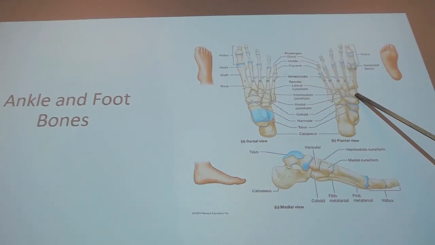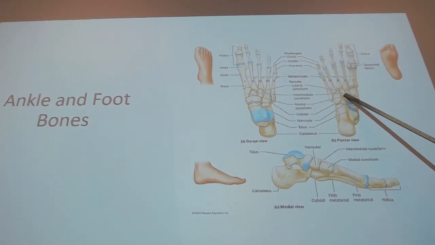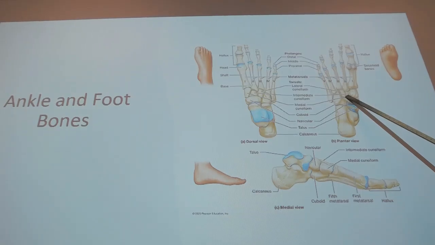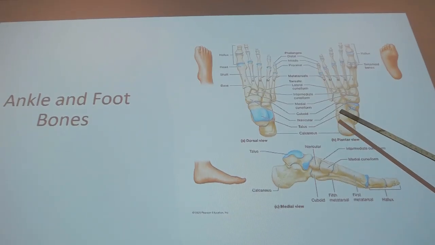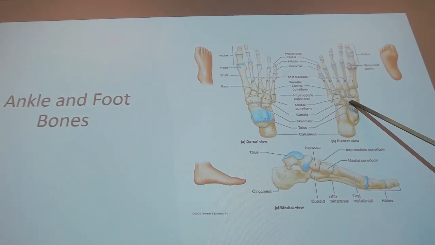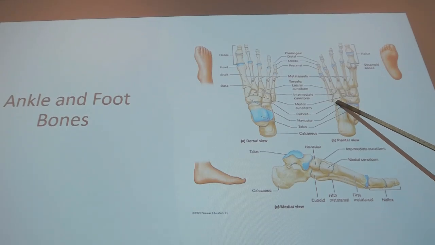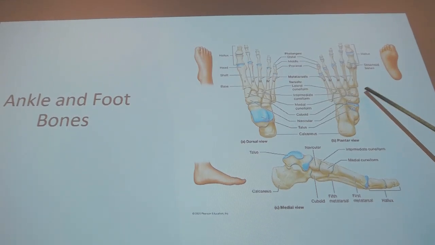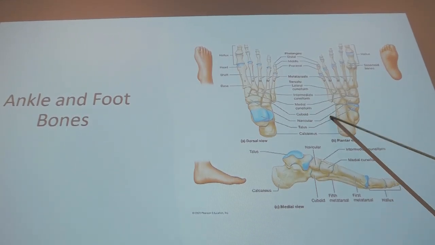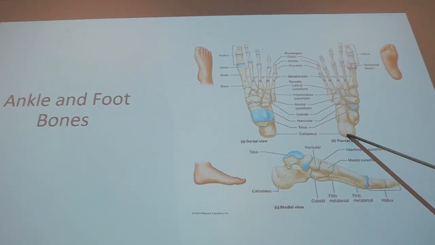And here you have the cuboid, the intermediate cuneiform, lateral cuneiform, and then here you have the navicular, here's the cuboid, this is the medial cuneiform, and this is the calcaneus.